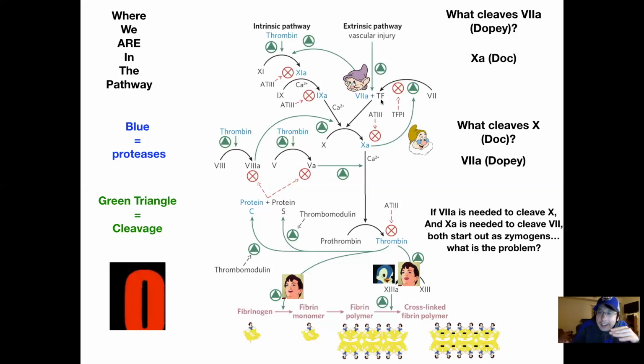So 7A, this first protease that gets things started, is physically separated from tissue factor by a lipid bilayer. If you break the lipid bilayer, which is vascular injury, now tissue factor can help 7A convert your first protease into the active form, which now you really get things rolling.